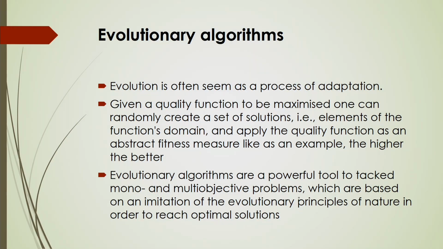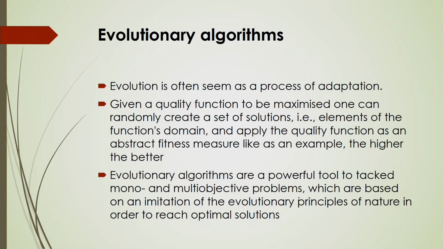Now, if we consider a quality function to be maximized, one can randomly create a set of solutions, which are elements of the function's domain, and apply the quality function as an abstract fitness measure, for example, the higher the better. So, this is the concept of evolutionary algorithms.